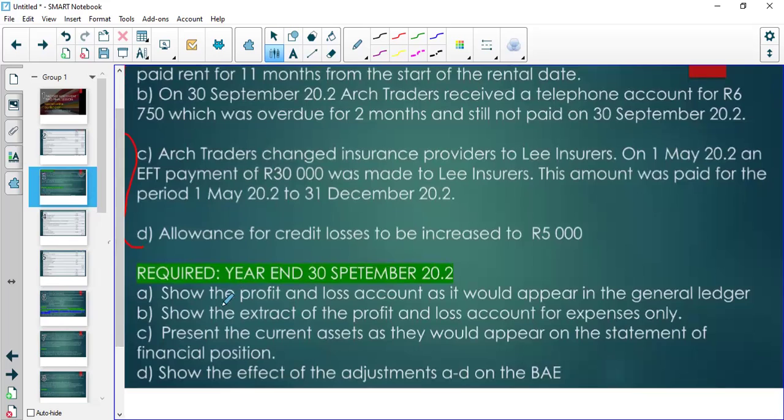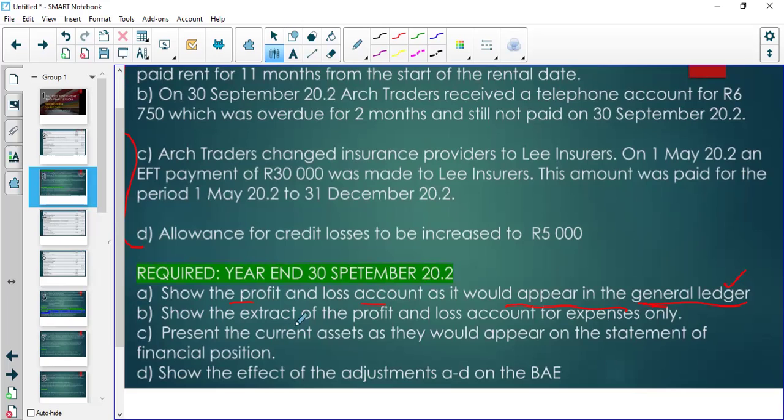So now the question wants us to show the profit or loss account as it would appear in the general ledger, right? So that's our first question.